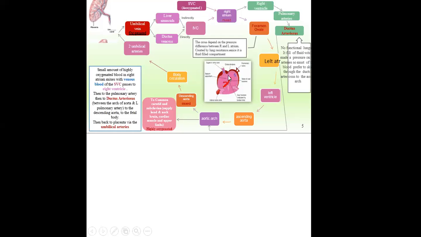As this foramen has a valvular mechanism, in intrauterine life the pressure of the right atrium is comparatively more than the left atrium. When the left atrium contracts, here we have a flap-shaped remnant of the septum.